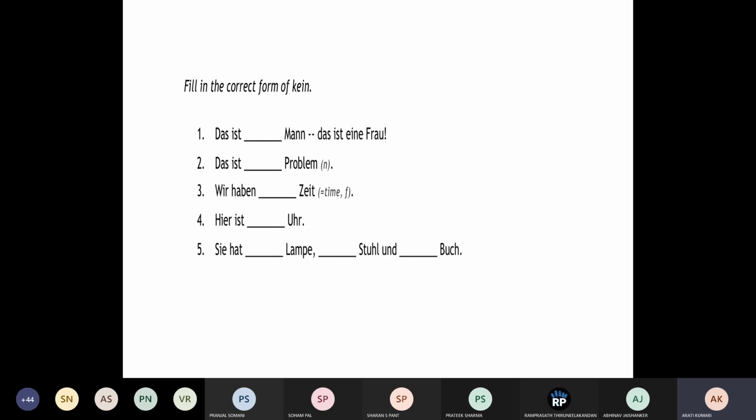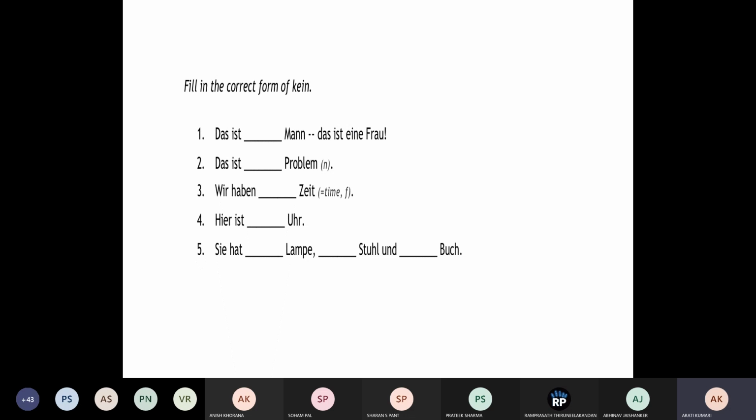Das ist kein Mann. Complete the sentence. Das ist kein Mann. Das ist eine Frau. This is kein Mann, this is eine Frau. Masculine, no? Okay. Now, even if you don't know the next word, you see the article is given.